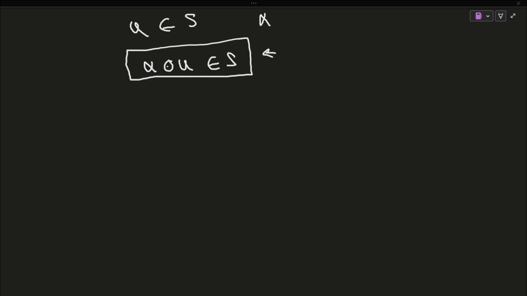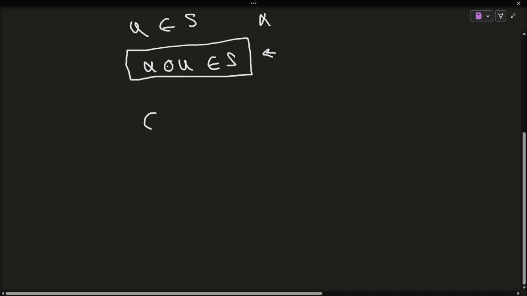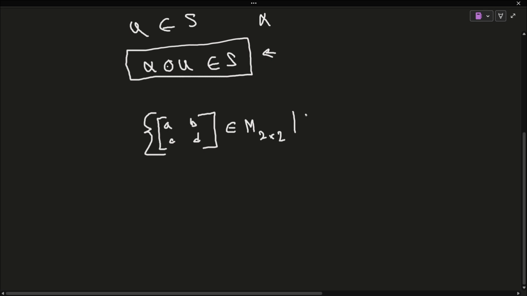So I have an example here that I want to go over. Let's say that we have this set of matrices [A, B; C, D], which belongs to all the 2x2 matrices, but B and C are both going to equal 0.